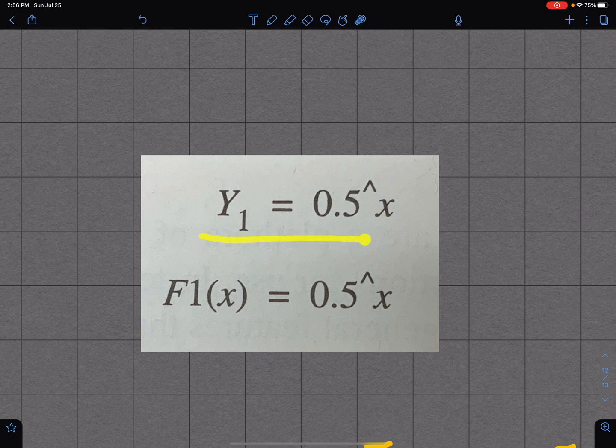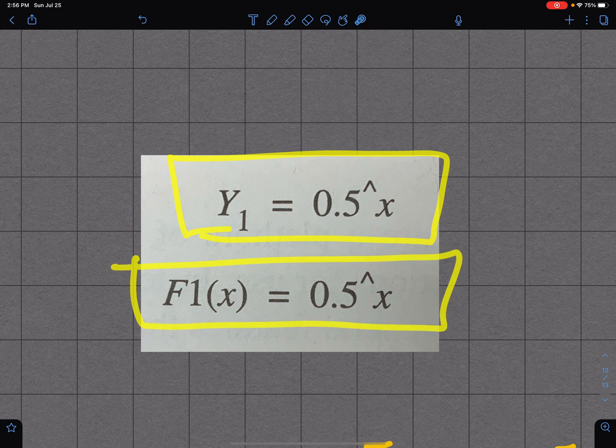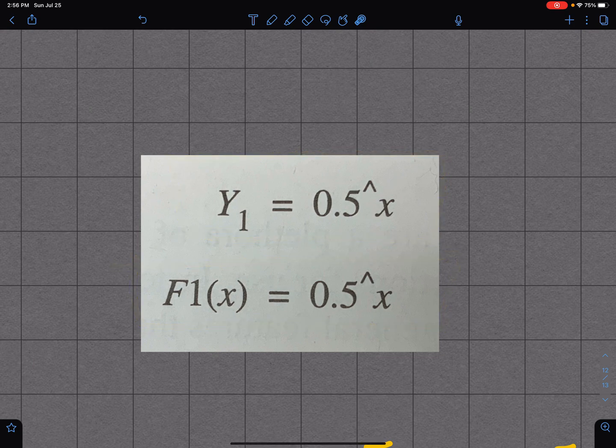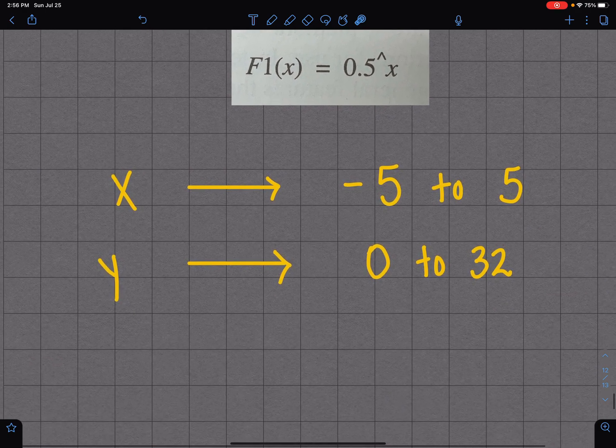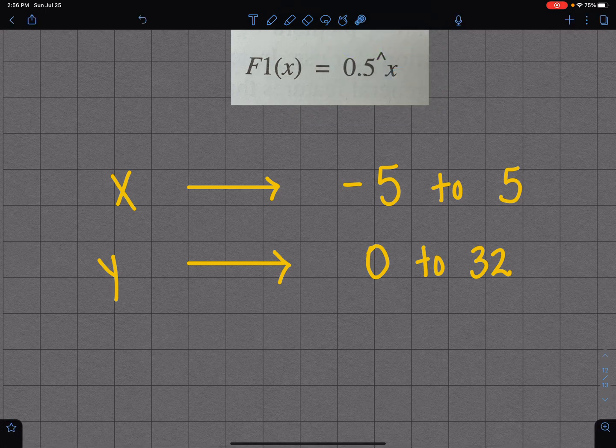So you're going to put this in your display, depending on what you're using. Now, we have to put in a domain or a range. So again, for x, let's just randomly pick -5 to +5. And then what would we put in for a range for y?